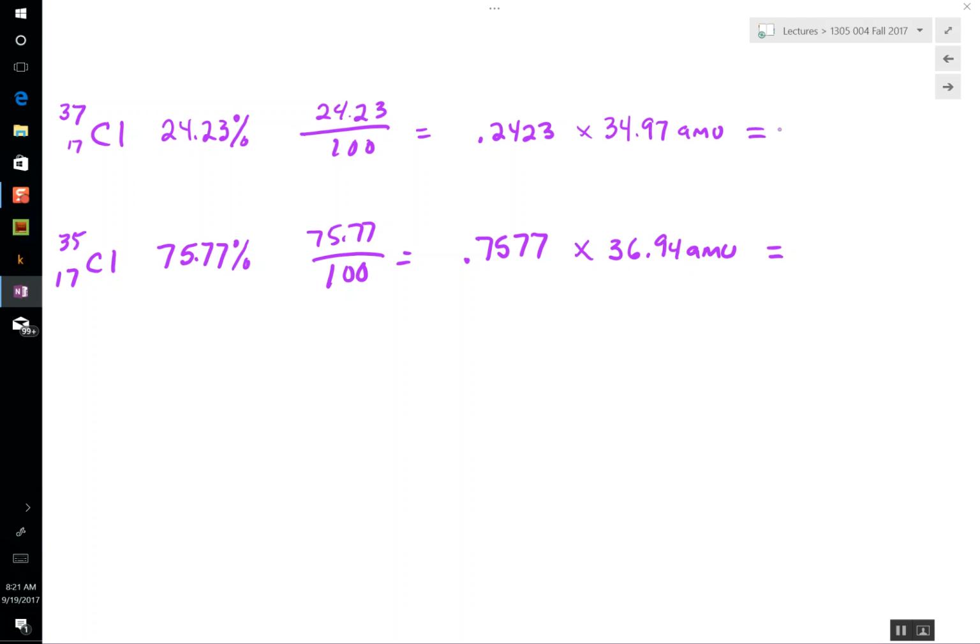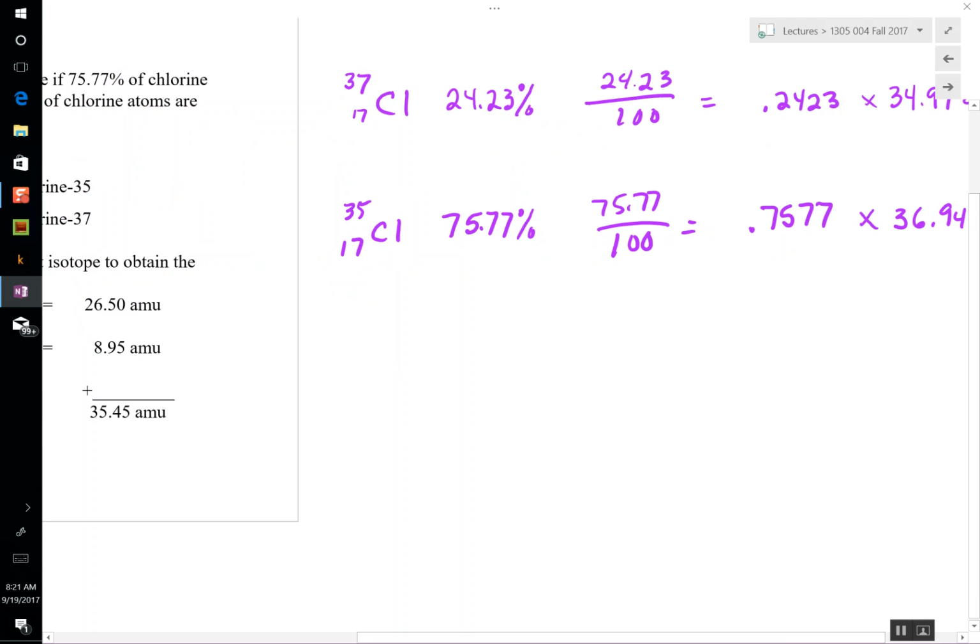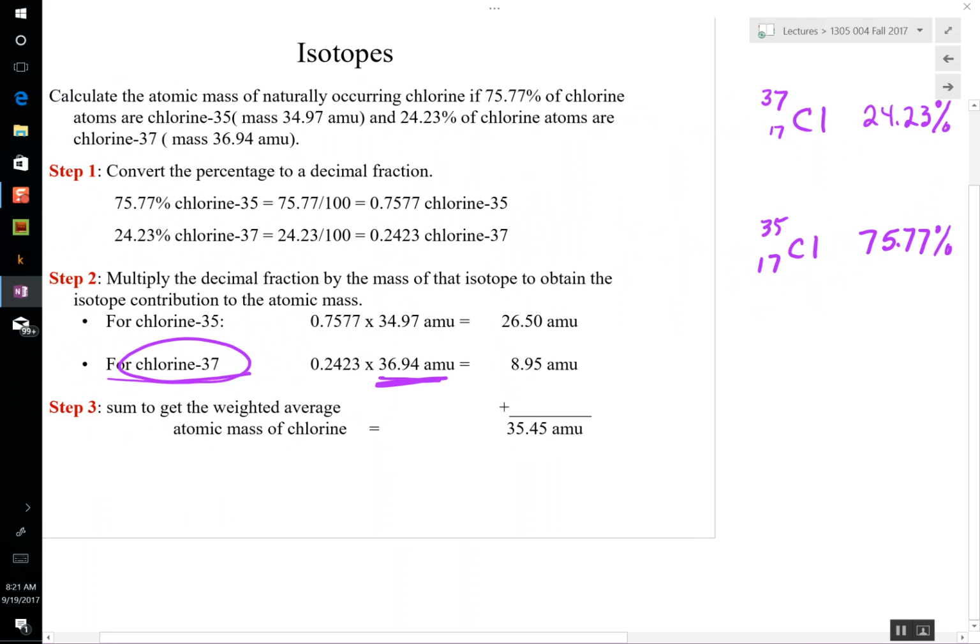Those would come from a table of masses of these isotopes. This would always be given to you. After you do all that math, when you add it up, how many places do you round to? Okay, let's take it one step at a time.